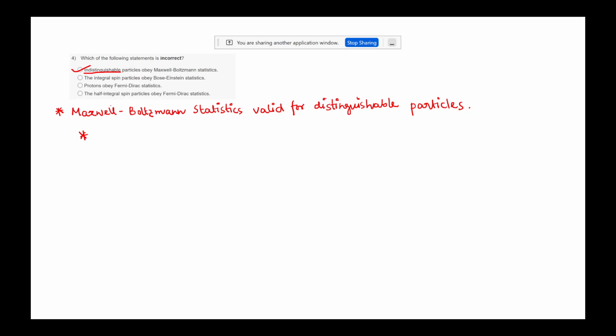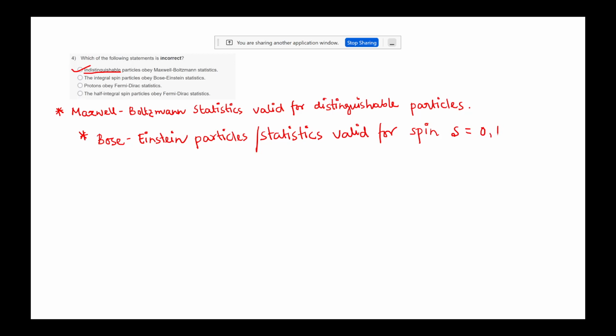The second option says integral spin particles obey Bose-Einstein statistics. That is also true. Bose-Einstein statistics is valid for spin equal to 0, 1, 2, and so on, meaning it's an integer.